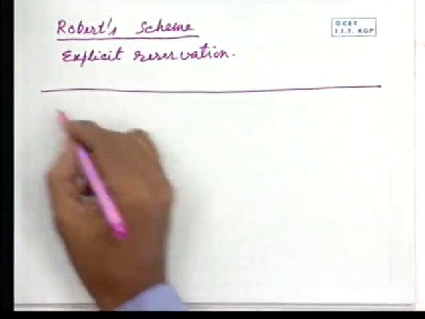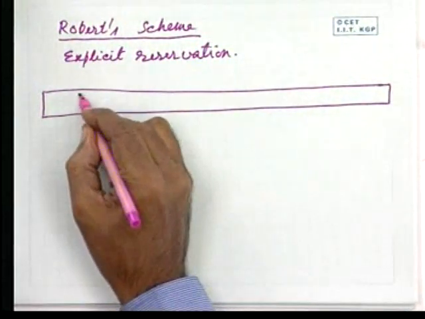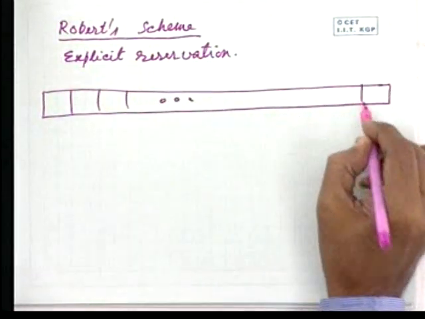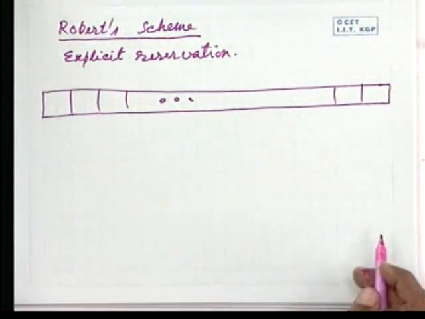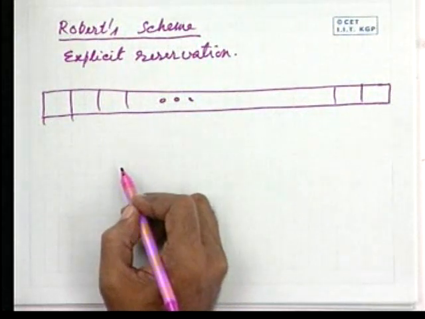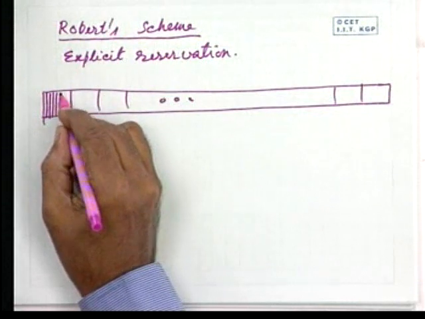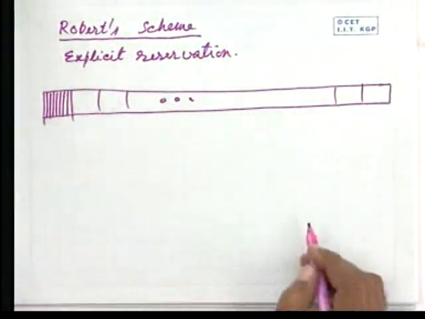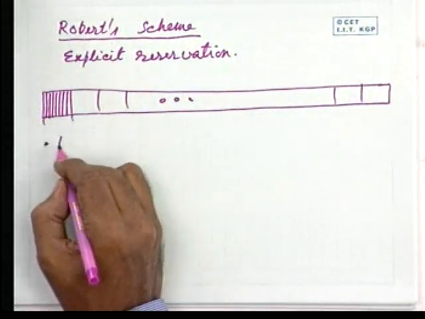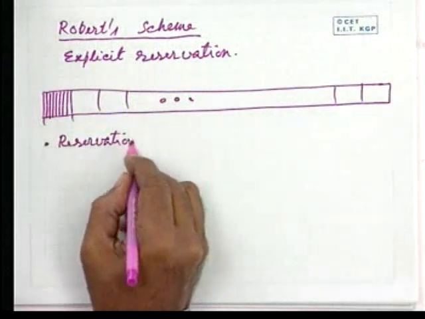Again, let us draw the frame having a number of slots. Here, the first slot is divided into a number of mini slots. So this first slot is reservation mini slots.